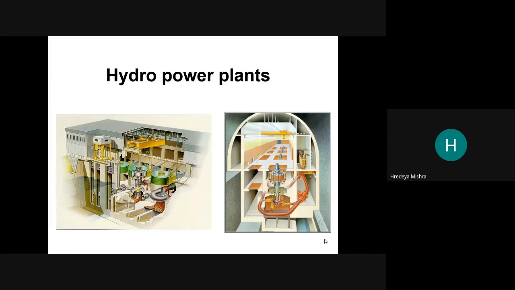Because the hydro power plant doesn't cause any water losses, but it dams or secures the water in a place and distributes it properly. And when we make the dam, it is easy to generate the electricity from the dam.